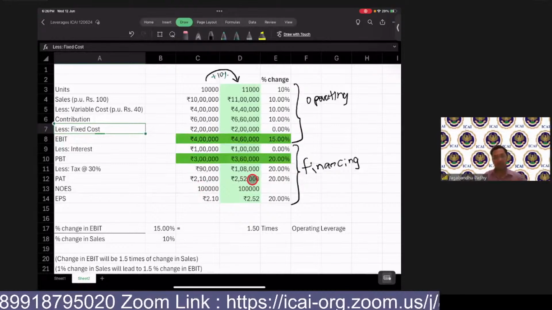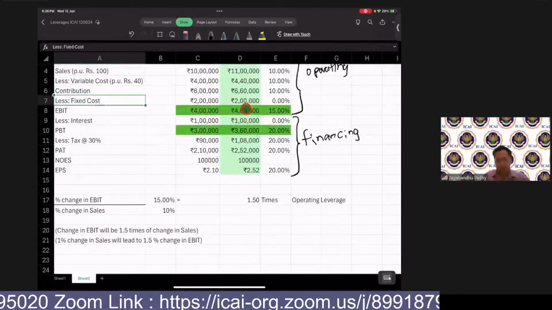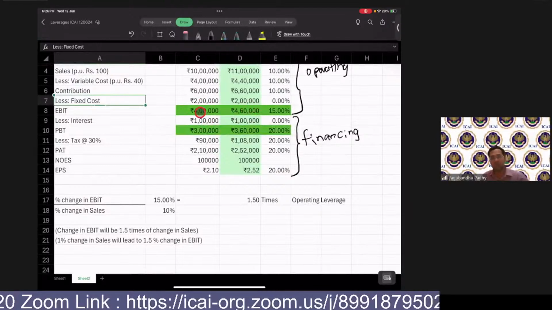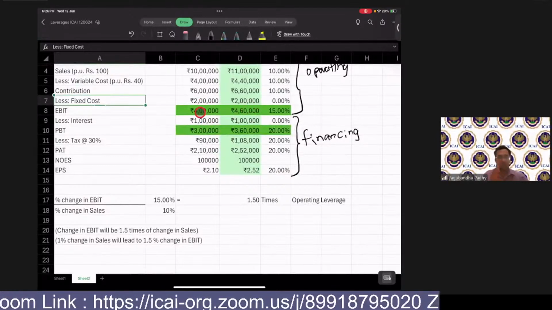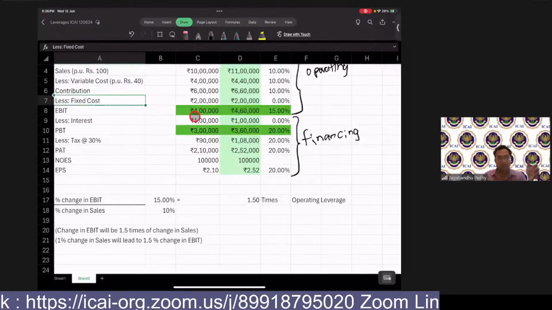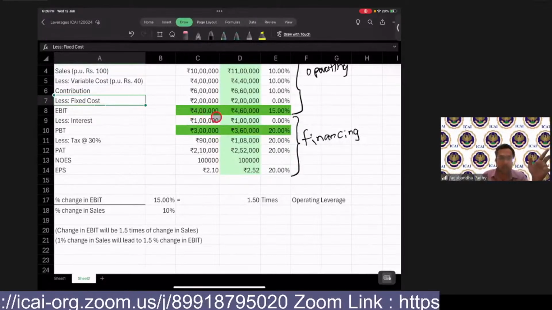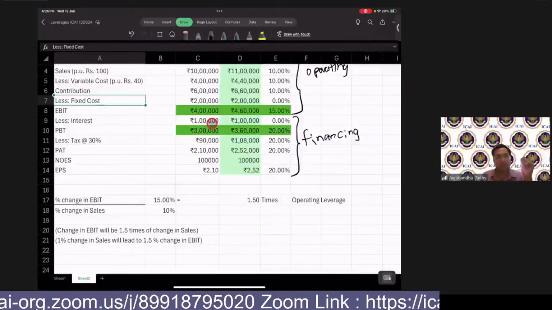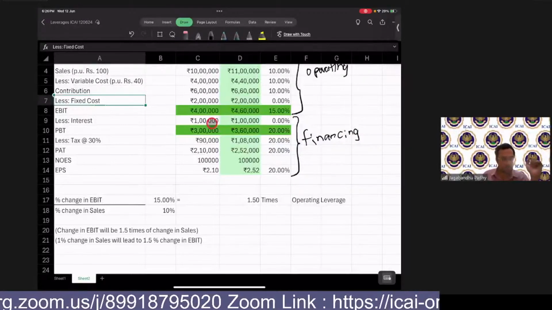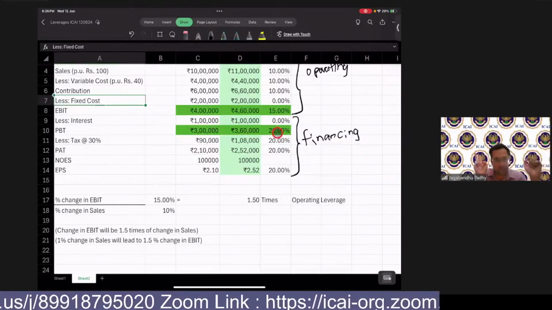As your EBIT increases from 4 lakh to 4 lakh 60,000, interest is not changing. Interest is kept constant at 1 lakh itself. But your profit before tax increases from 3 lakh to 3 lakh 60,000, and the resultant change is 20%.